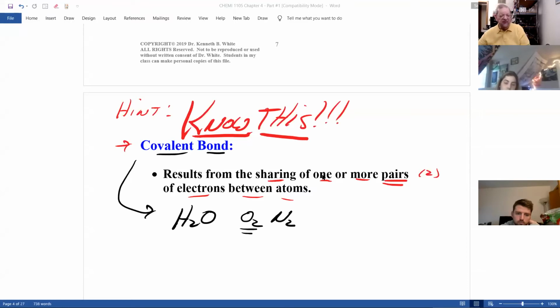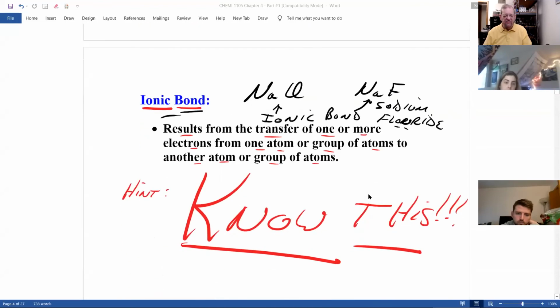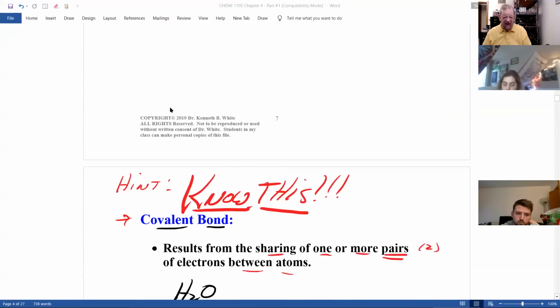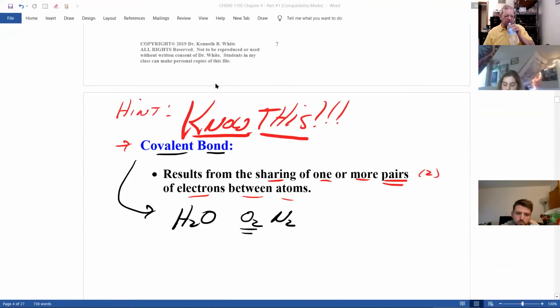So there are two types of chemical bonds. Ionic, which is the transfer of one or more electrons from one atom or group of atoms to another atom or group of atoms. That's an ionic bond. And then you have the covalent bond.